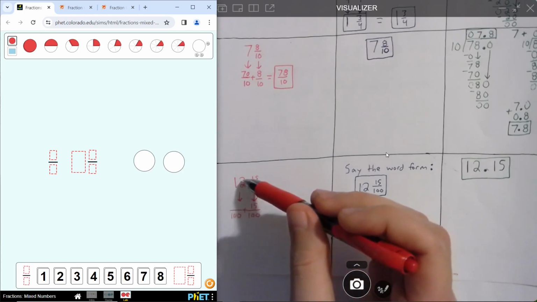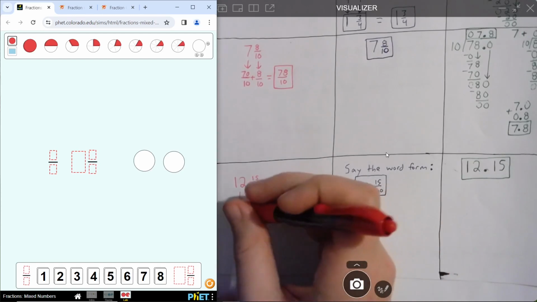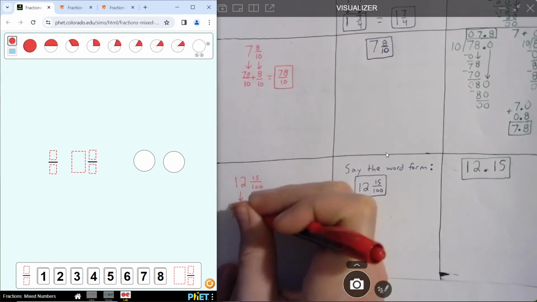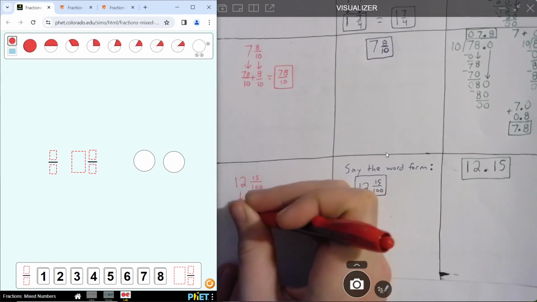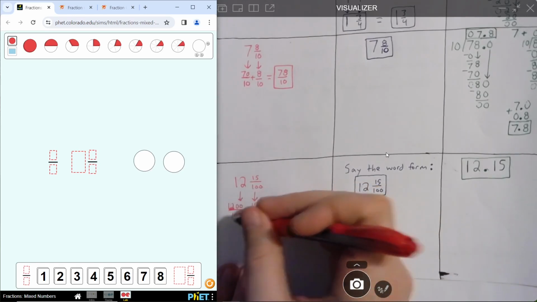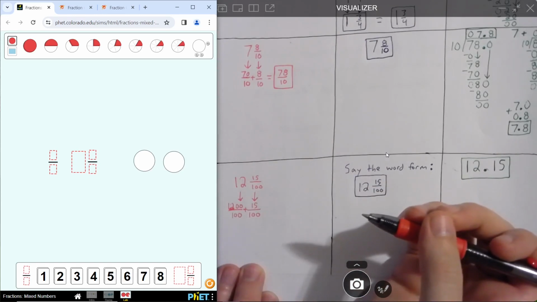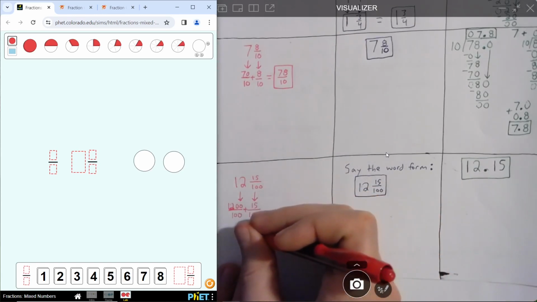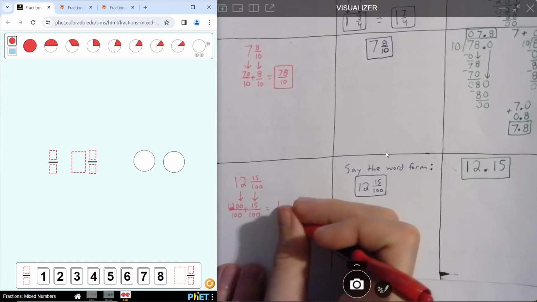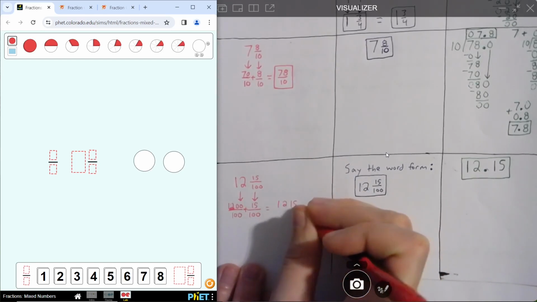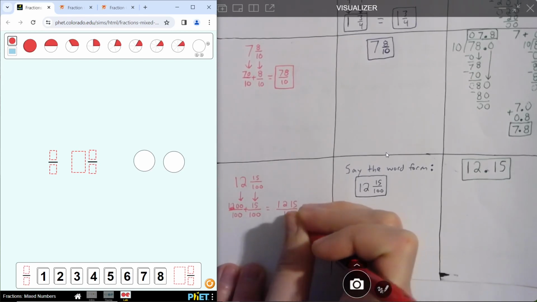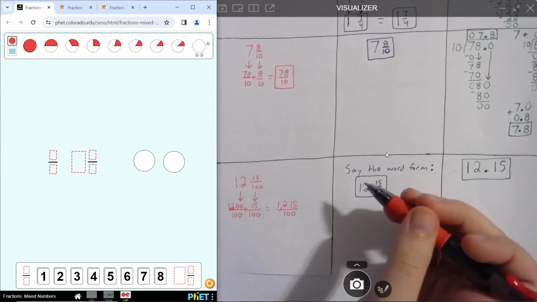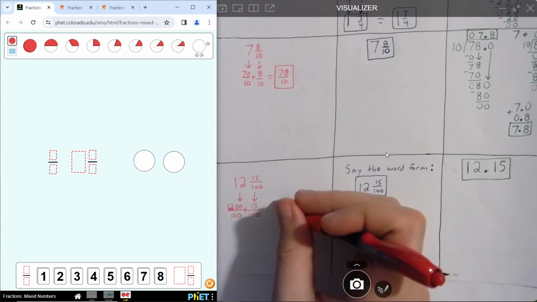And so 12 whole equals what over 100? Well, that would be 1200 over 100. Right? You can cross out those zeros and you see how that's the same as 12 over 1. And then you add 15 to that, and you get this number over, to keep the denominator the same, 100, or 1215 over 100.